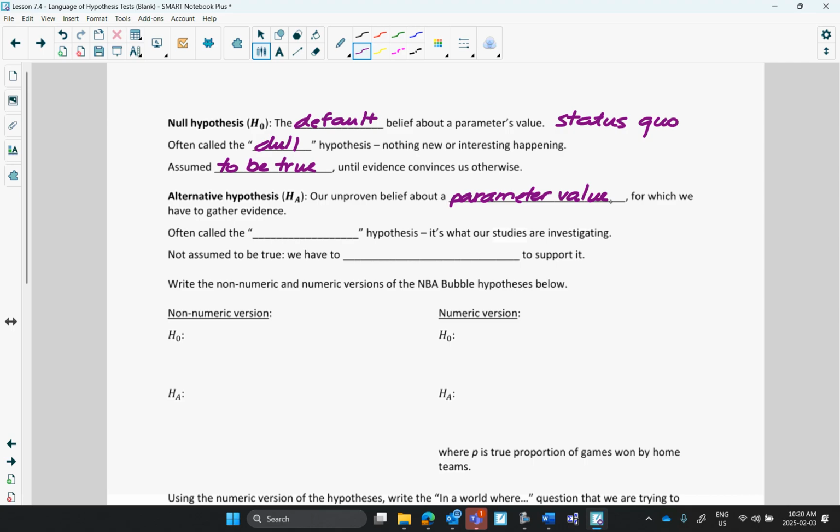Greater than 40% could be the alternative, because somebody else comes along and says, no, it's actually bigger. It's often called the research hypothesis because it's what we're researching into by calculating probability. And it's not assumed to be true. We have to collect evidence. Innocent until proven guilty. Null hypothesis until proven alternative.